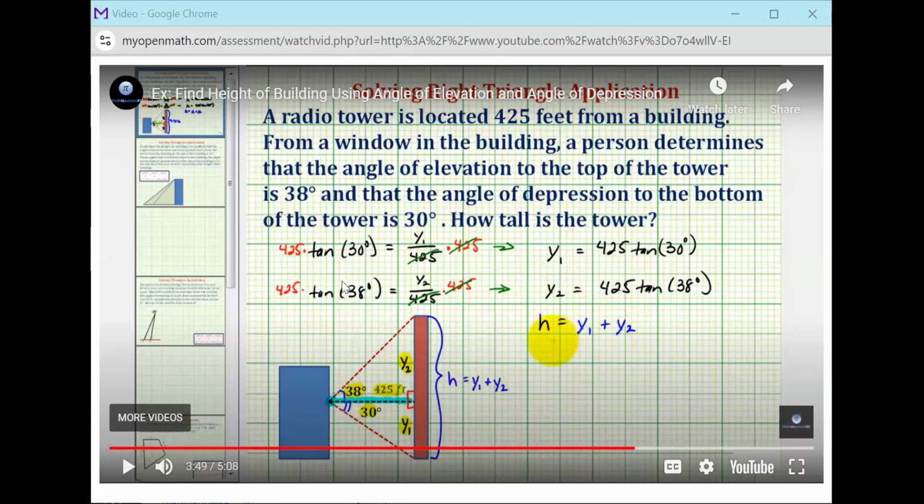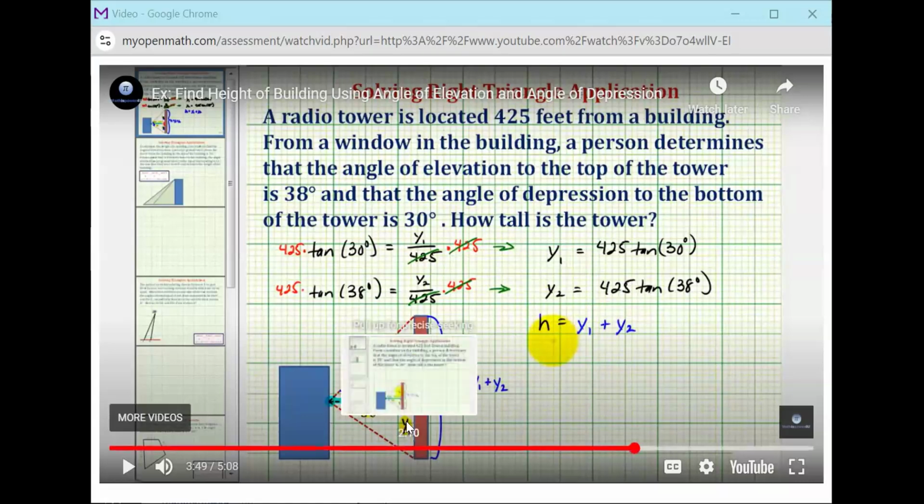So they have selected to use tangent for this one. This distance is 425. Tangent is opposite over adjacent in the trig ratios. So we have 425. This side is marked by 1. This side is marked by 2.